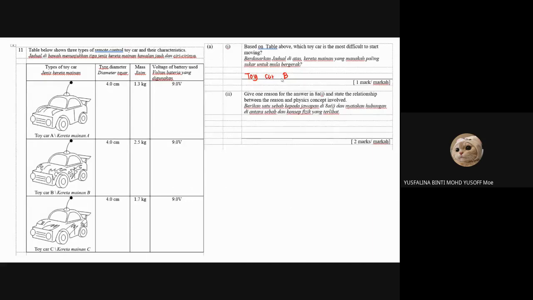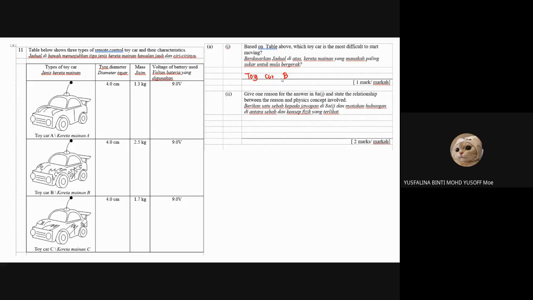And then give one reason. Give one reason why you said toy car B, and state the relationship between the reason and the physics concept. So one reason is because it has the highest mass. And the relationship: how do you want to describe the relationship? Usually for the relationship in paper 2, if you want to put it in words, you use the highest or the lowest.